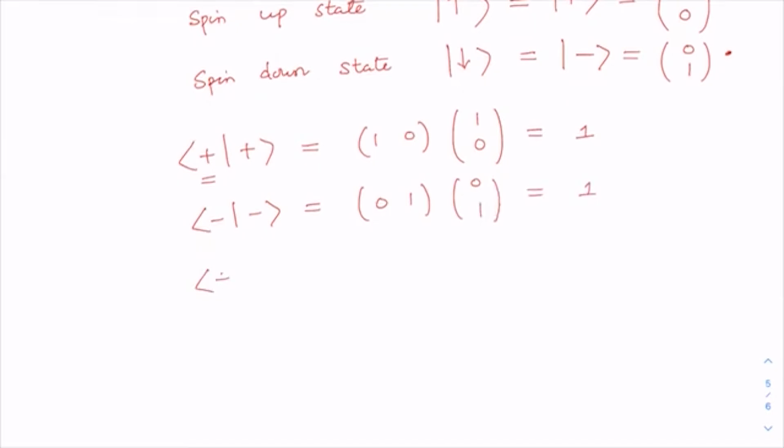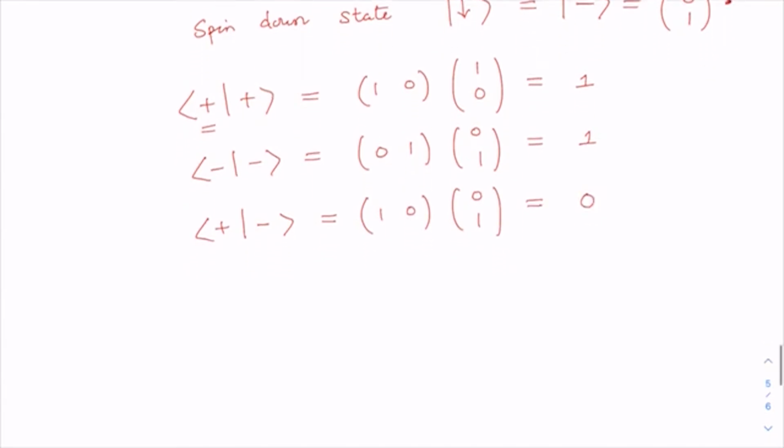On the other hand, if you take the scalar product of these two different eigenstates, it would be 1 0 and 0 1, and the matrix multiplication gives 0. So this clearly shows that plus and minus are orthogonal. Similarly, minus plus is 0 1 with 1 0, and you will again get 0.